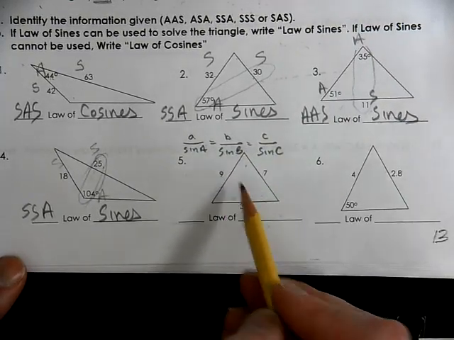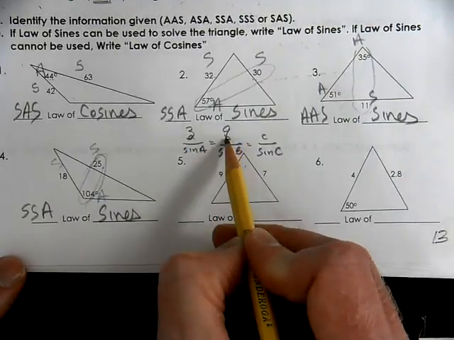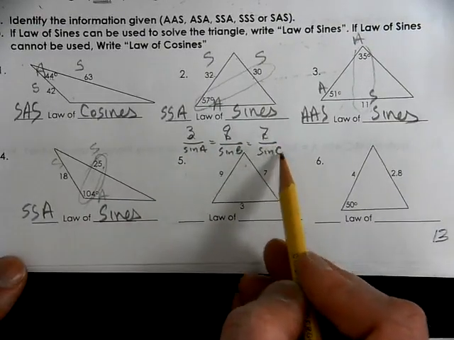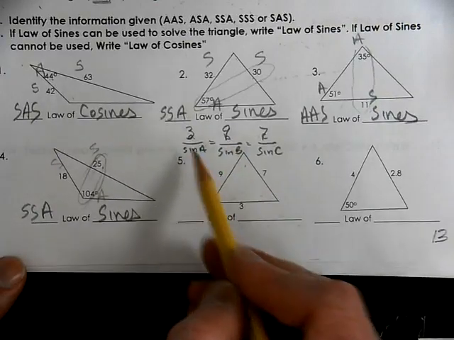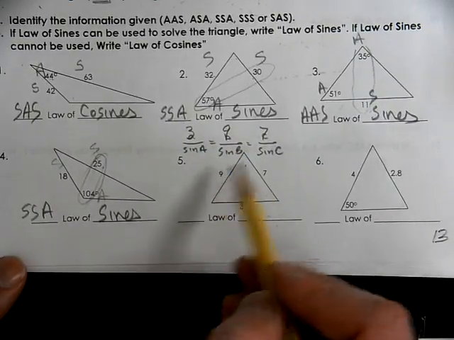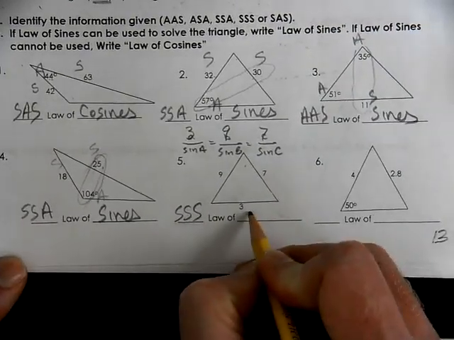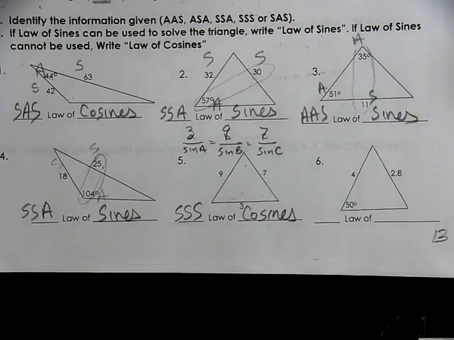But for each one of these, this would be our 3, this would be maybe our 9, this would be our 7. We don't have a complete fraction. We don't know any of the angles. We still have two unknowns when we're trying to cross multiply. You cannot use law of sines here. This is SSS. This would require law of cosines.